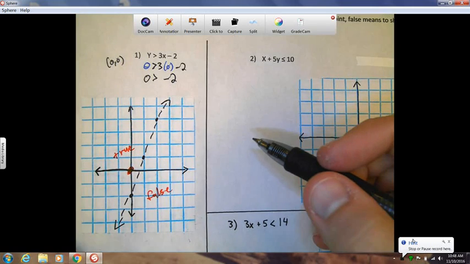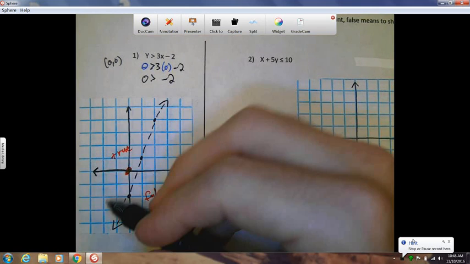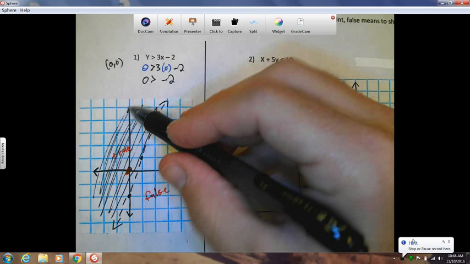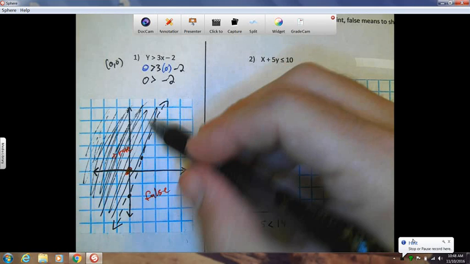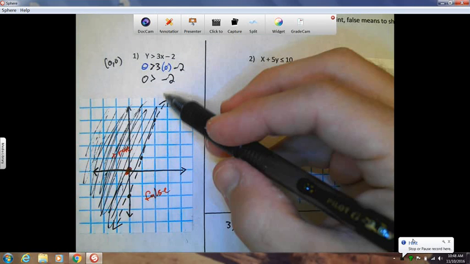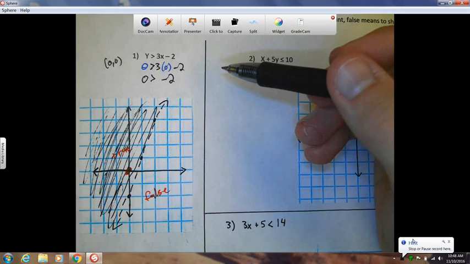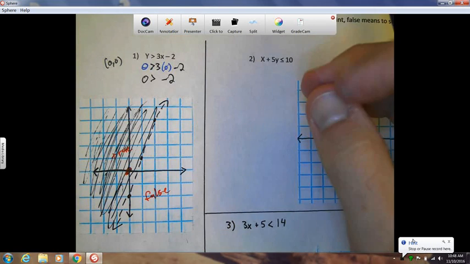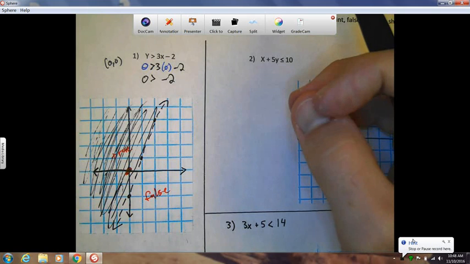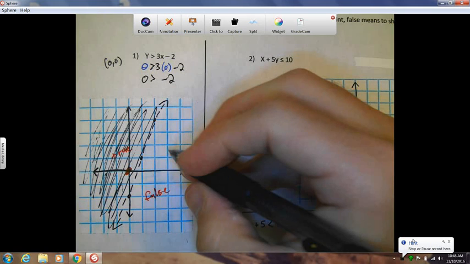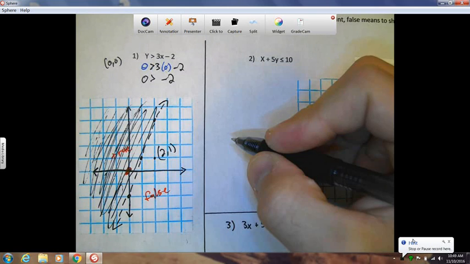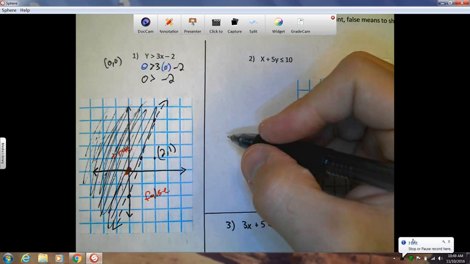So I shade this side of the line. Any point over here makes my inequality true. Any point over here would make my inequality false. If I tested the point 2, 1, it would be false. Anything over here would be true.